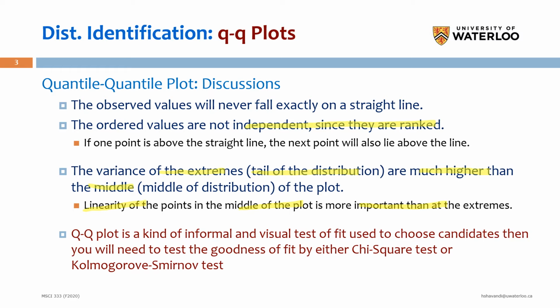If we have some candidate distributions for our data set, we can filter and narrow our choices using a QQ plot. But after that, we need to consider the chi-square test or KS test as the formal methods to test the goodness of fit.